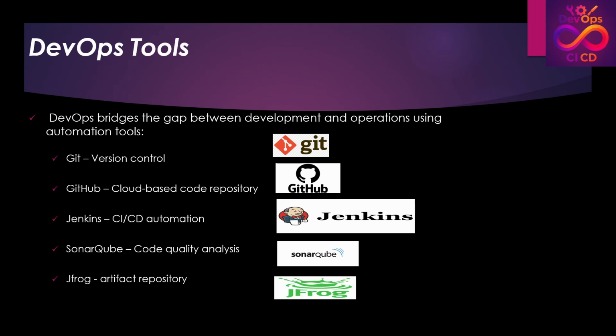We have a number of packages generated during the build. We have to keep track of versions. So JFrog helps us to maintain the versions and the packages that are getting generated. We will see in the upcoming steps.